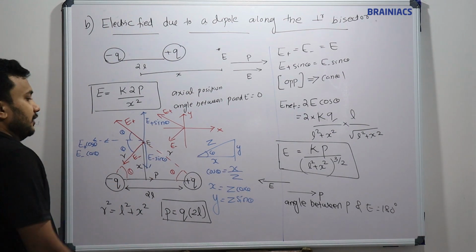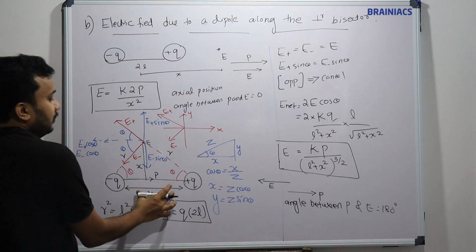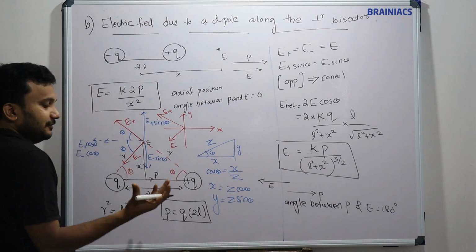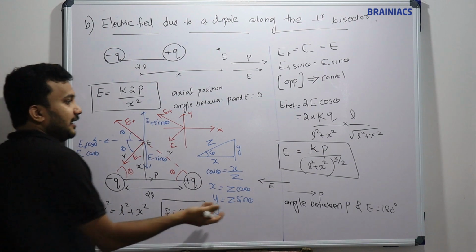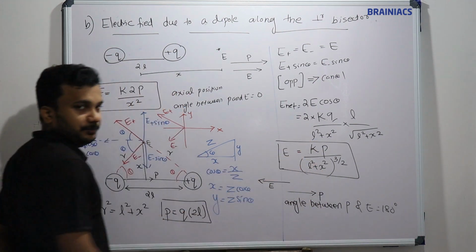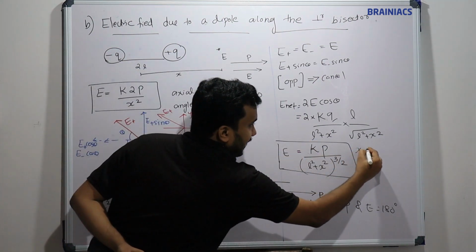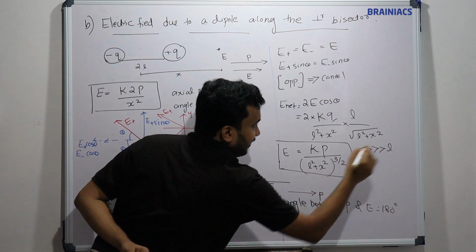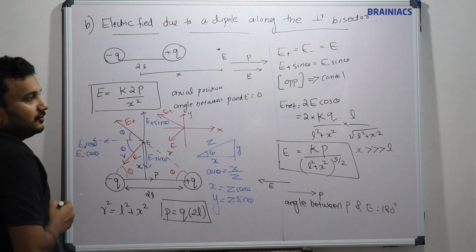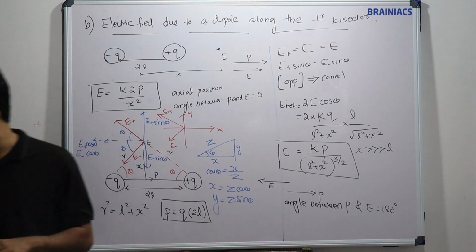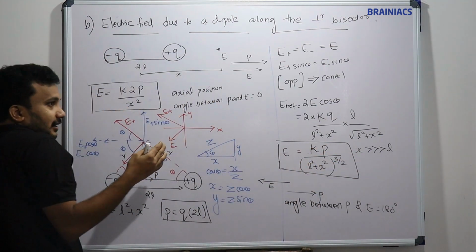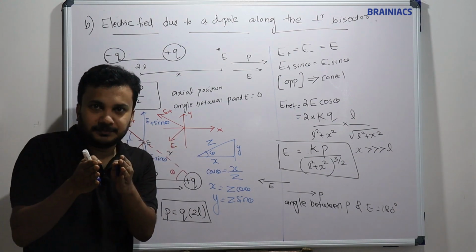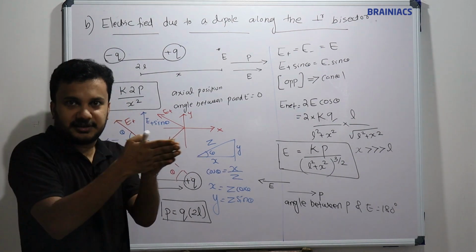Now, next we know 2L itself is very small. So half L is very small, and L square is too small. So we will say X is much greater than L. In this case, what can we eliminate? If X is greater than L, 2L is this much size, L is this much size, again short, right?